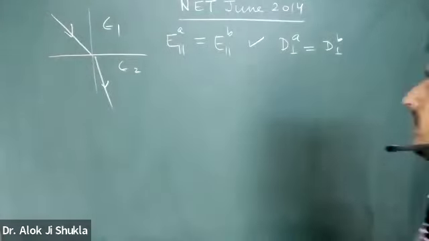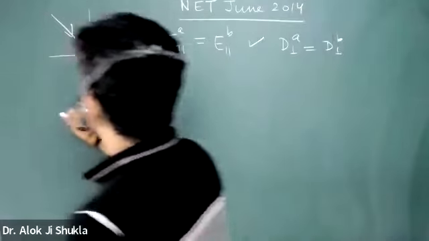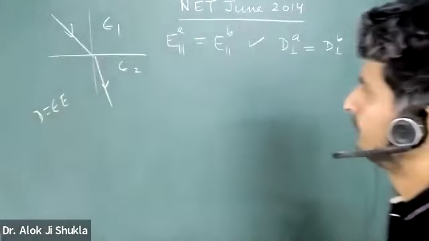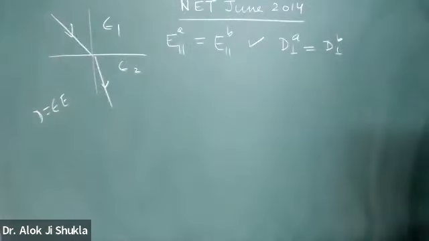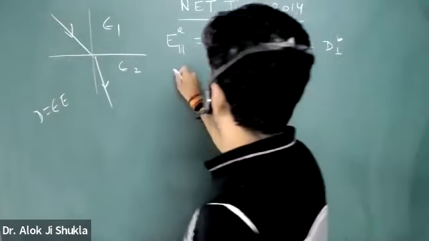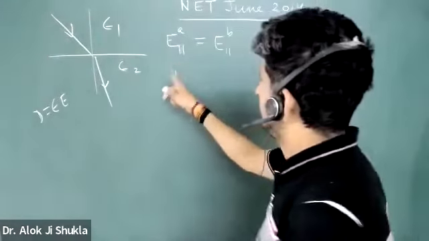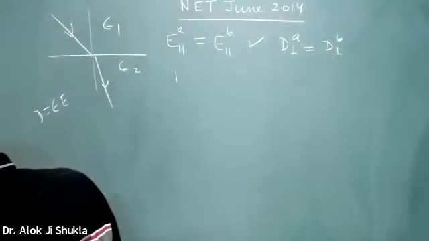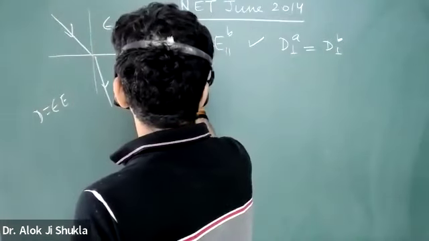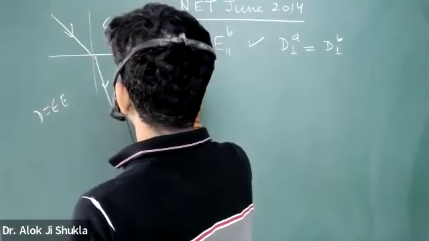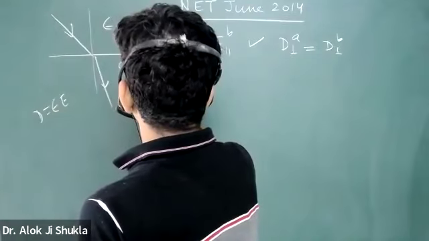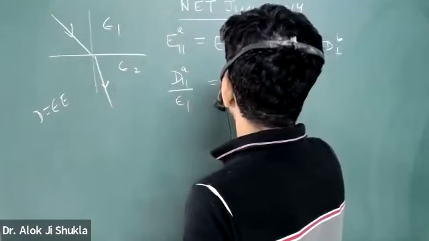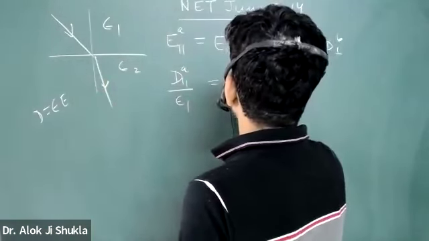So I can write, what is the formula for D? Epsilon E, right? Yes. So what you can write for E parallel in terms of D: D parallel above by epsilon1 is equal to D parallel below by epsilon2.